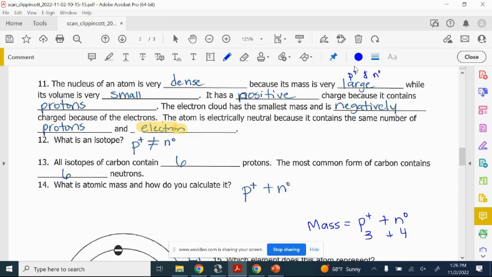It's positive because you have the protons in there, and the neutrons are neutral, so they're not going to balance that out. The electron cloud then is negatively charged because of the electrons, and the atom is neutral because you've got the same number of protons as you have electrons. The positives and negatives equal each other.